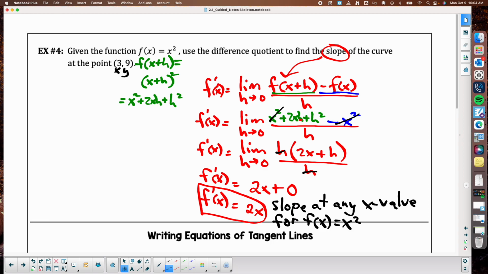So if I want to know the slope, I only need to know the x value, it has nothing to do with the height. So my slope at x equals 3, this is how I would write that. The little apostrophe tells me it stands for slope. So the slope at x equals 3 would be 2 times 3.